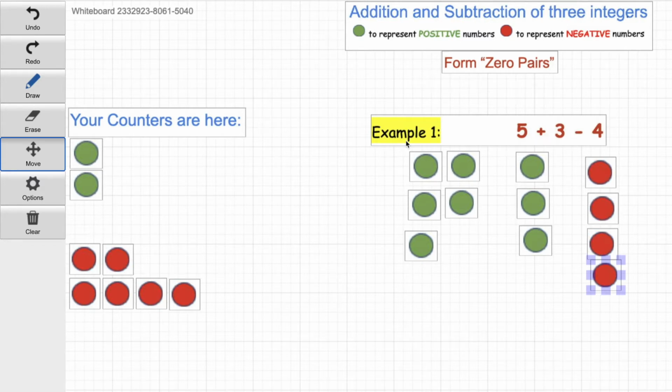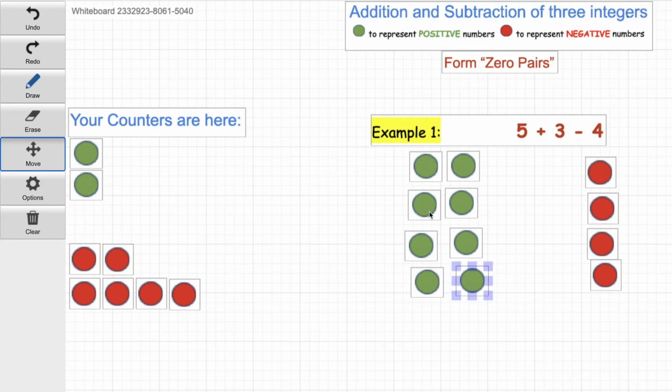Now we can see that it is from the same family, so all we're going to do is add them because we only have one color. And since it's green, we know that it is positive. Very good. So here, the total is going to be 8.